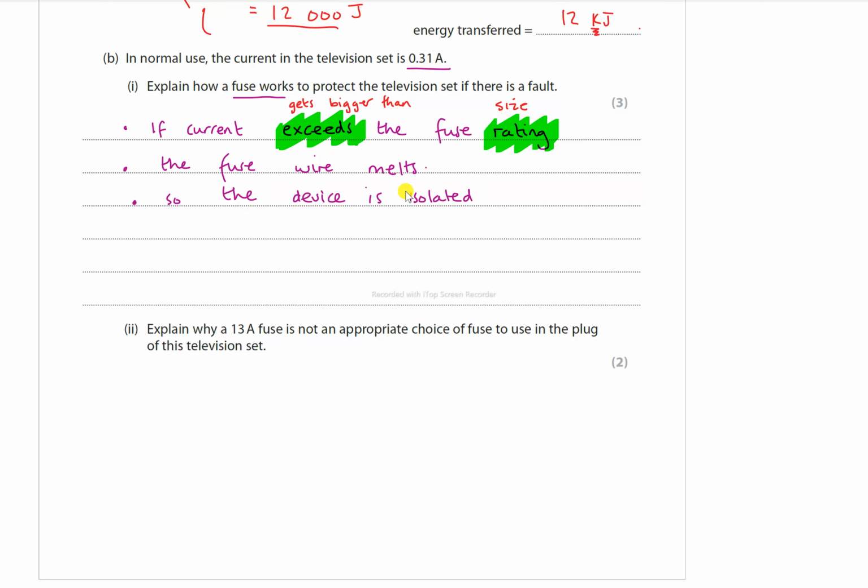Basically the current stops flowing. We've got to learn these phrases. Yeah, the device is isolated. So there's three things: if the current exceeds the fuse rating, the fuse wire melts, so the device is isolated, so current stops flowing.